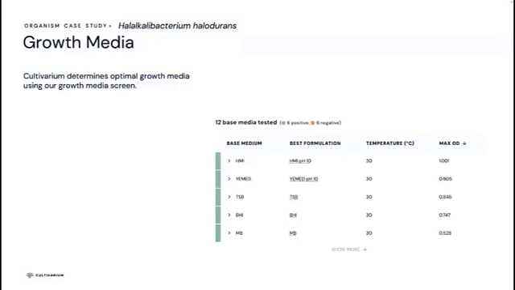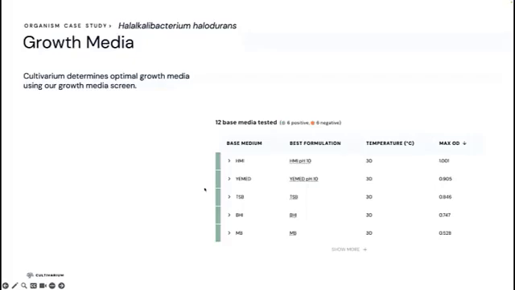What we do is we determine the optimal growth media, and we test up to 24 media formulations using our media screen. We track the growth over time, and this growth is measured as optical density in a set of common media that we call base media. We then adjust the formulation to the specific growth needs.